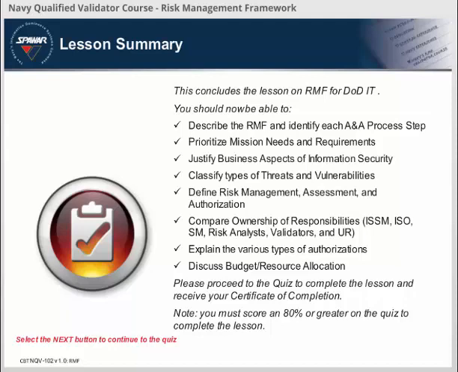You should now be able to describe the RMF and identify each A&A process step, prioritize mission needs and requirements, justify business aspects of information security, classify types of threats and vulnerabilities, define risk management, assessment, and authorization, compare ownership of responsibilities, ISSM, ISO, SM, risk analysts, validators, and UR, explain the various types of authorizations, and discuss budget resource allocation.